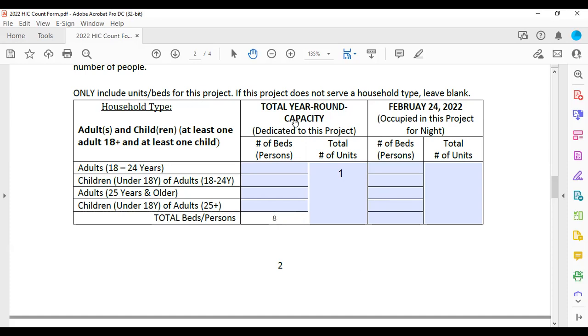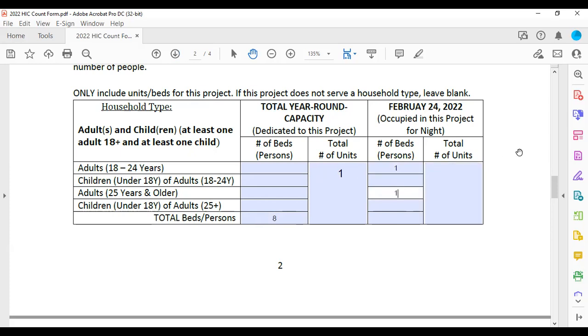Okay, and so if you see here, this is your total year-round capacity. So the surveys that you complete for those that are in your shelter on the night of the 24th, we're going to put in here. So let's say on the night of the 24th, for your unit that has children and adults, you had one adult that was 18 to 24.